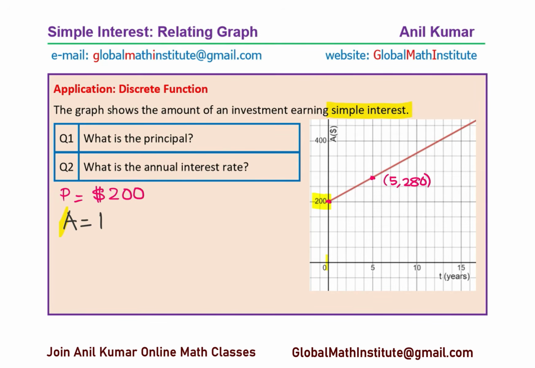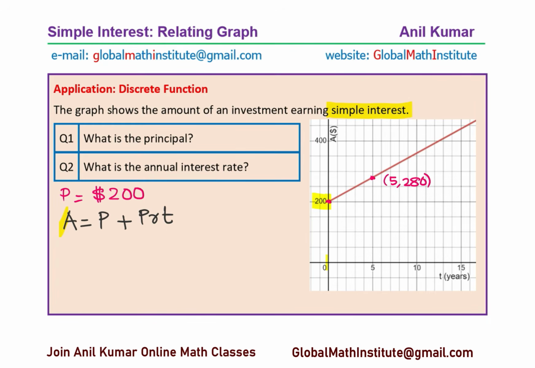We have the principal, and on the principal there is an interest rate, let's say R. In that case, interest will be P times R times T. Every year that amount will be added to the principal, and so we get the final amount at the end of the year. So that becomes the equation.